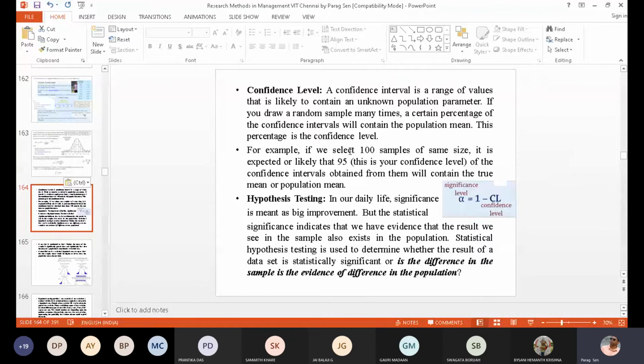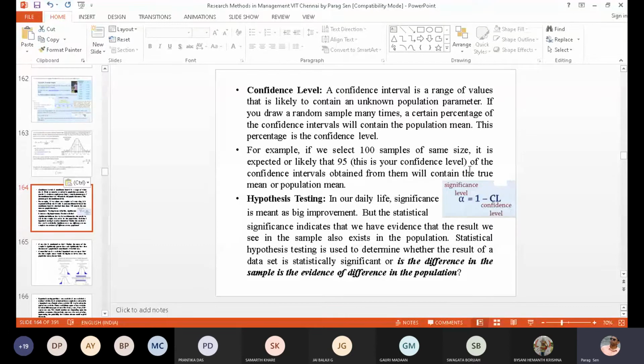For example, if we select 100 samples of the same size, it is expected that 95 of the confidence intervals obtained from them will contain the true population mean. So these 95 will be termed the confidence level.